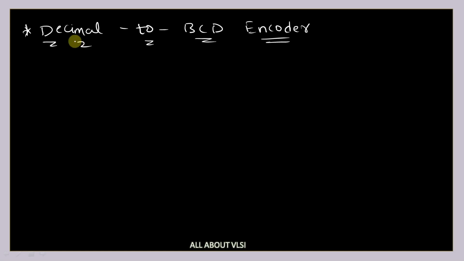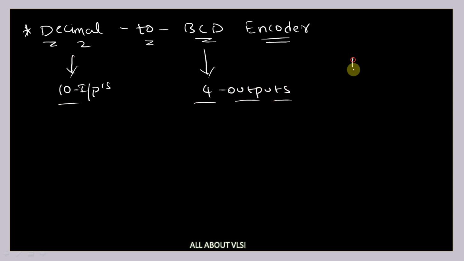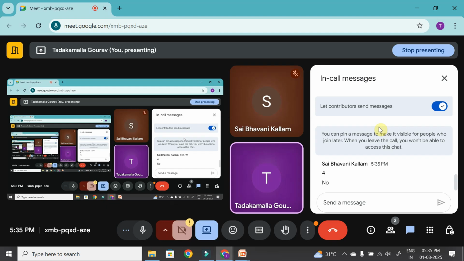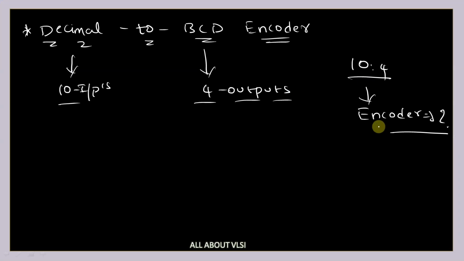Okay, so decimal we will have 10 inputs, and at output we will have 4 outputs. Now, is there any encoder like 10 is to 4 encoder? No. So what can we do to design this 10 is to 4 encoder?